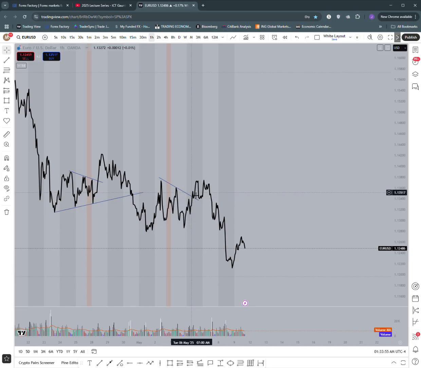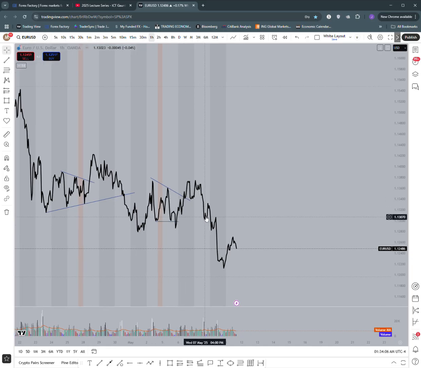Right here, induce. Double bottoms right here. Induce, run. Low resistance highs right here. Induce, run. We got trend line right here. Induces them right here. Runs lower.